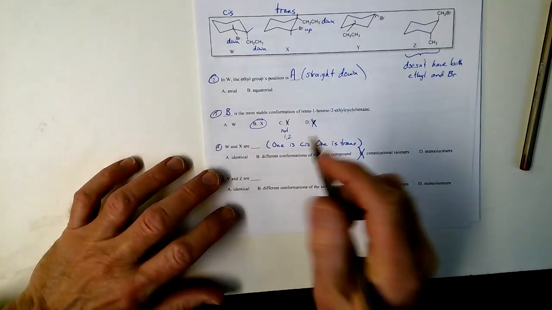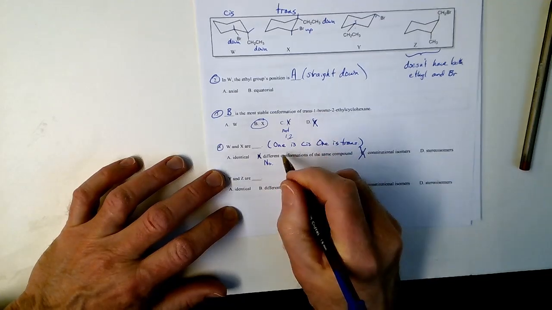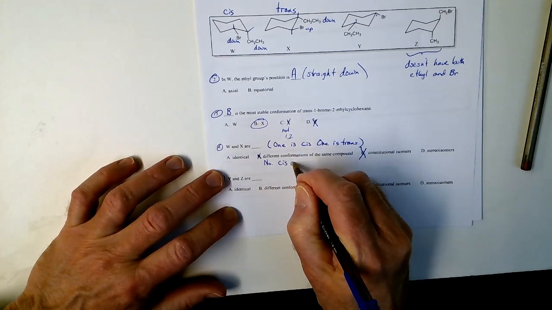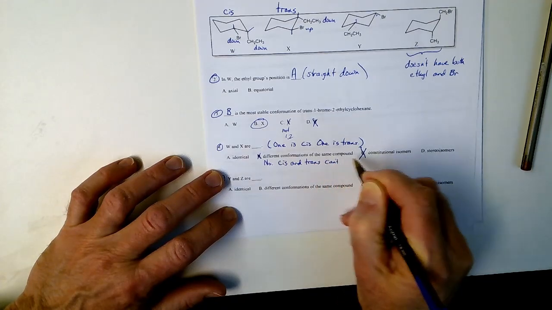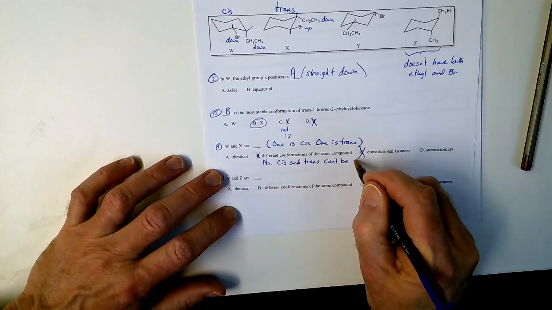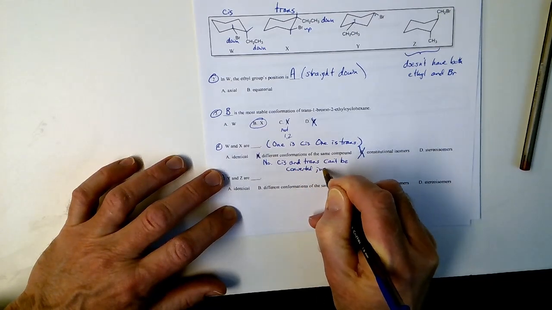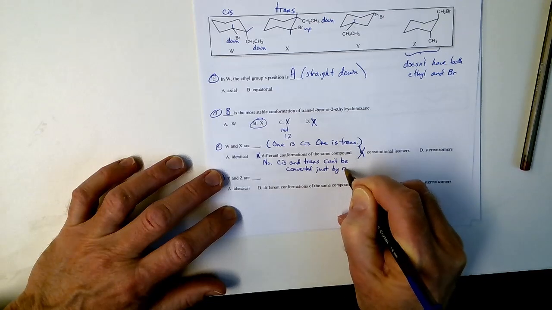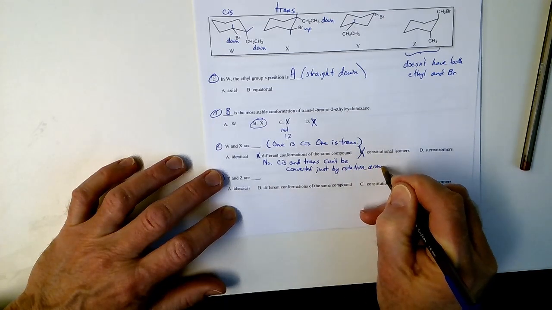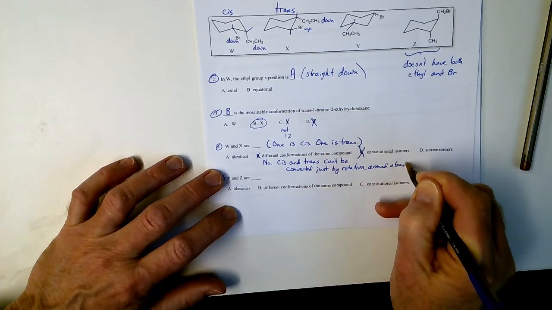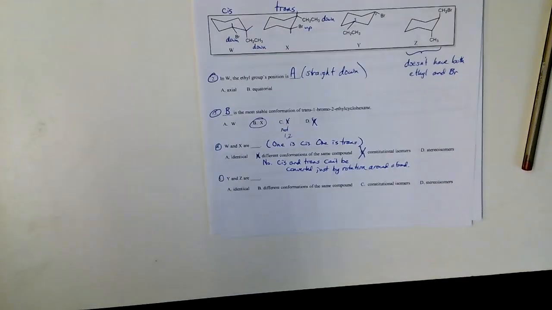Are they different conformations of the same compound? No. Cis and trans, remember what we said about them, can't be converted just by rotation around a bond or two. If they're different conformations, you can spin them, you can flip them internally, something like that.